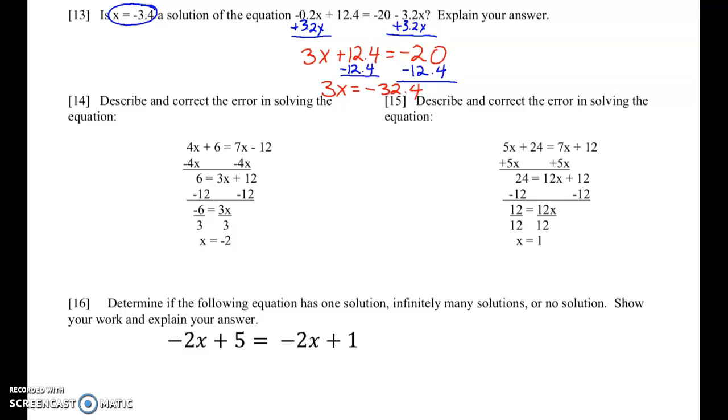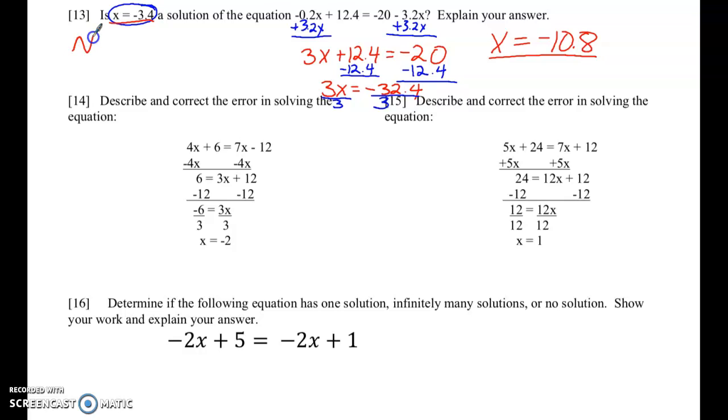32.4. Then I'm going to divide by 3, divide by 3. That's going to leave me with x equals negative 10.8. Now, when I compare this to this, they are not the same. So that shows me that it is not a solution.